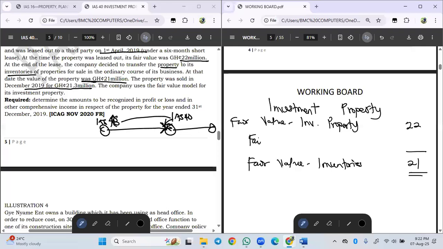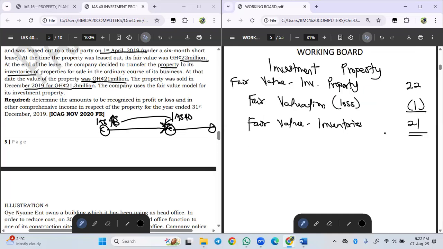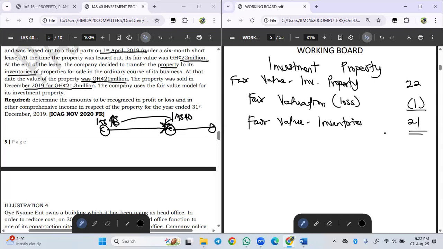So what is the fair valuation? Gain, the difference. Is it gain or loss? There's a loss of 1. The double entry is simple and straightforward. This one is not revaluation, so the difference, whether gain or loss, you treat in the P&L.